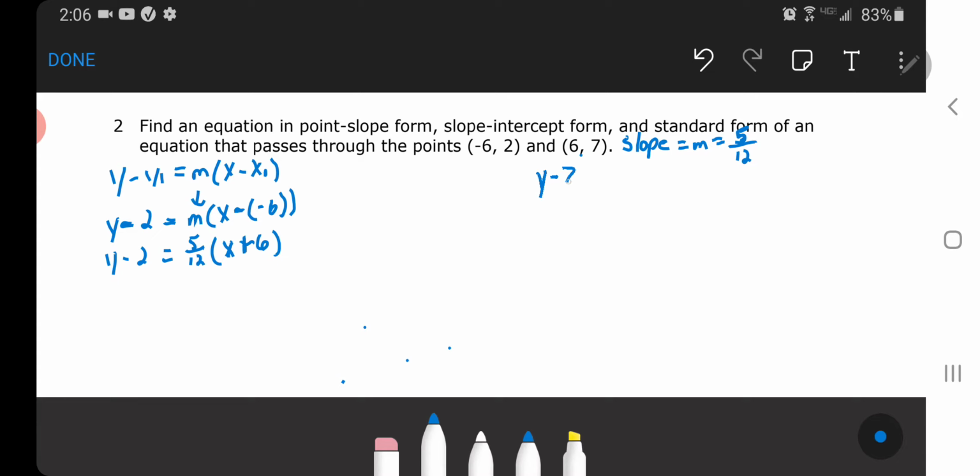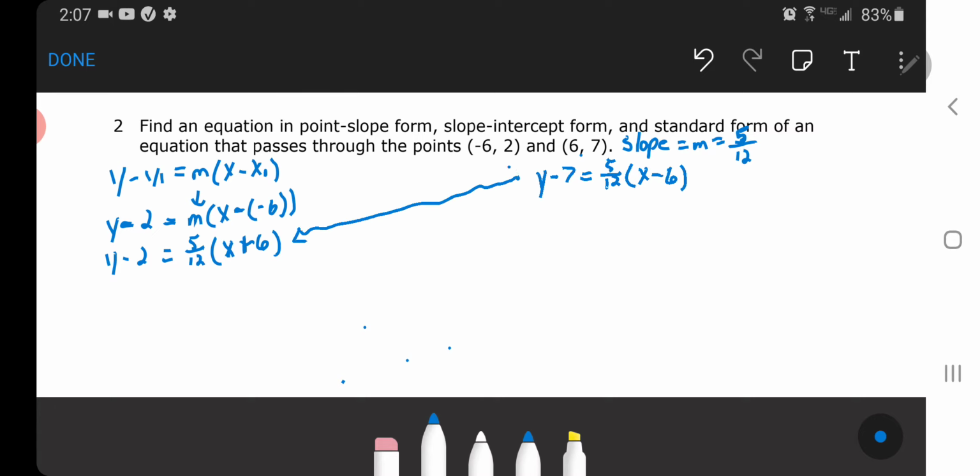So y minus 7 equals m. Of course, m is our 5 over 12 times x minus x1. We're letting x1 now be 6. Okay, and there's nothing more to do because x minus 6 doesn't become minus a negative, so nothing else we need to do here. So there's both. They do kind of look different.